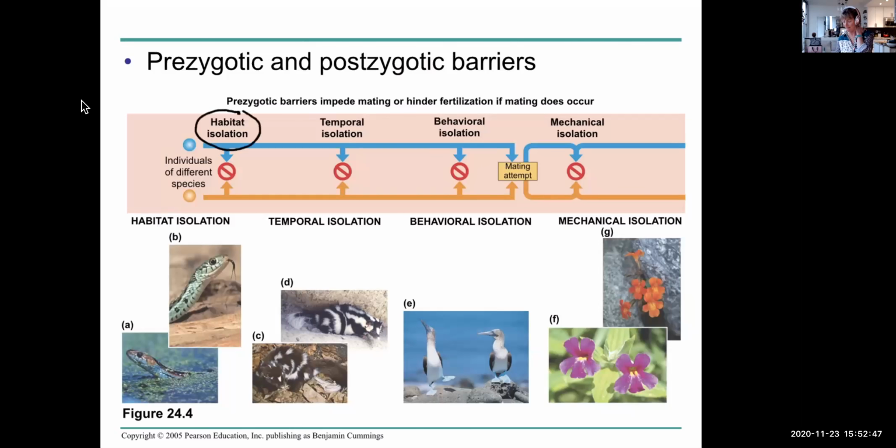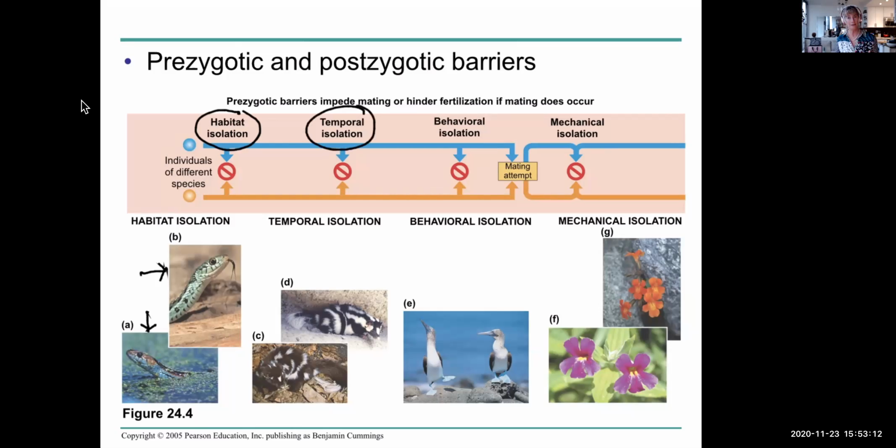Habitat isolation. That could be a barrier. So in other words, these two snakes, one is a dry land individual and one exists in the water almost exclusively. So they have different habitats and don't come across each other to mate. In this case, we have temporal isolation.